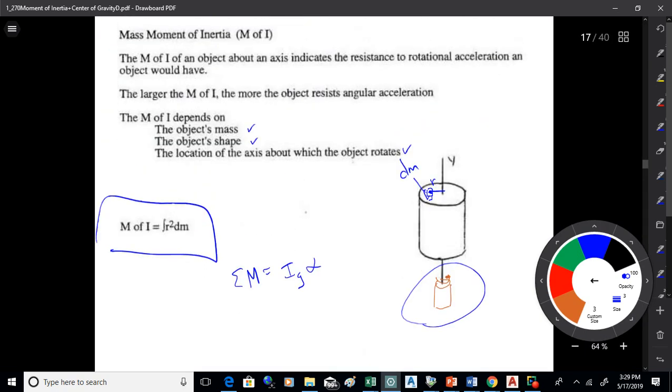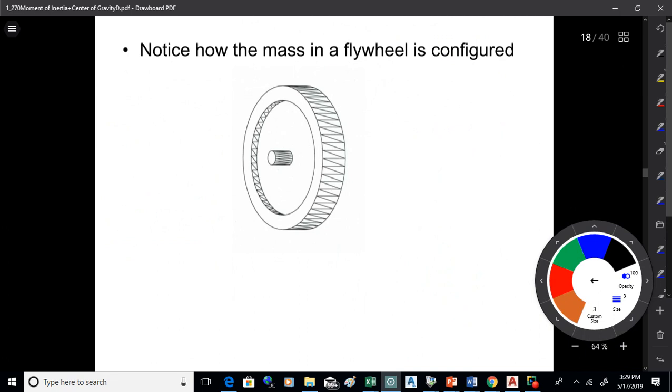Okay, now you can look at that definition and get some idea how you might want to configure things. A flywheel often has a lot of the mass out a long way from the axis about which the thing's going to rotate. So your r is out there, and then we've got a dm. So here's your dm, and there's your r.